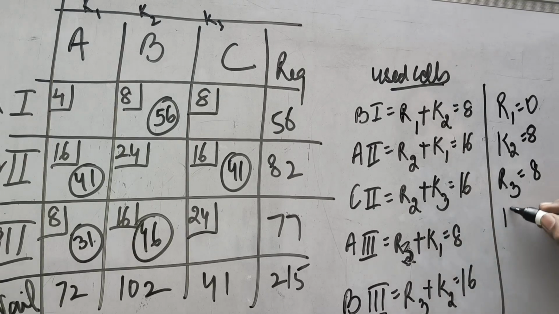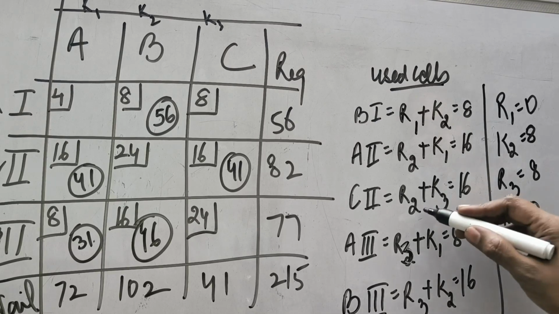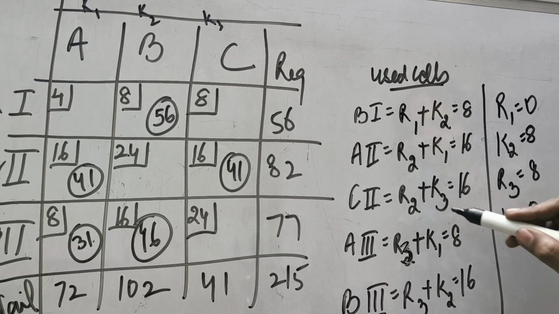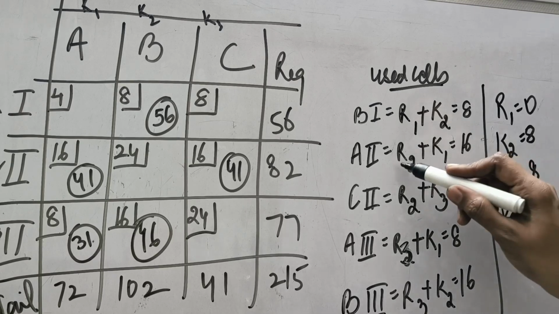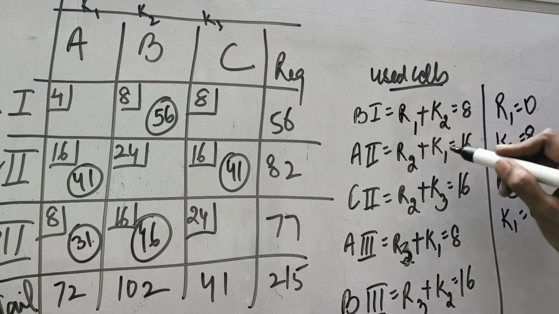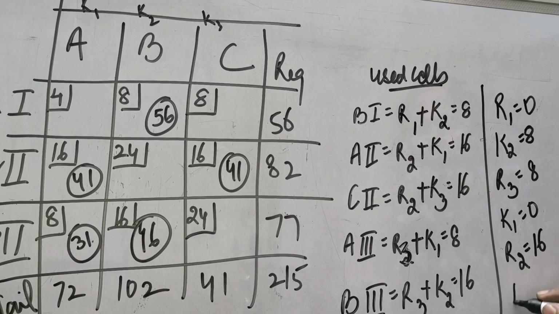If R3 is 8, K1 is going to be 0. Right? Now we have the value of R2 and K1, so we can calculate for R2. It will be 16 only. If we have R2, we can calculate K3. It will again be 0.